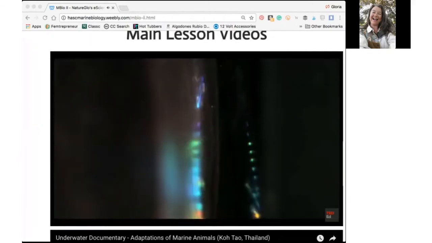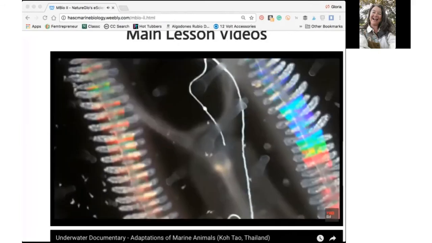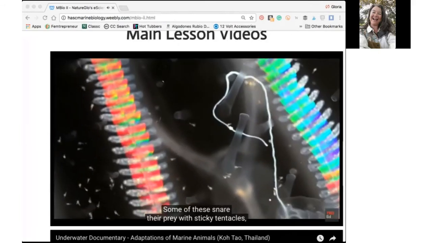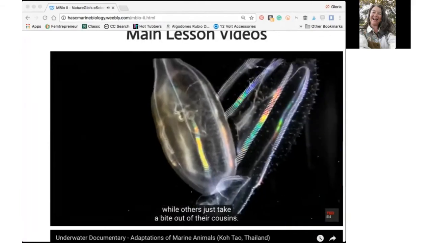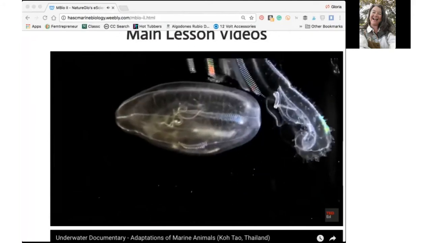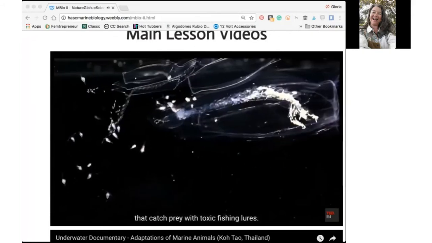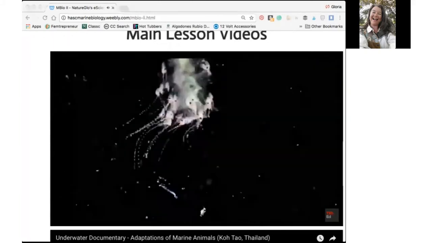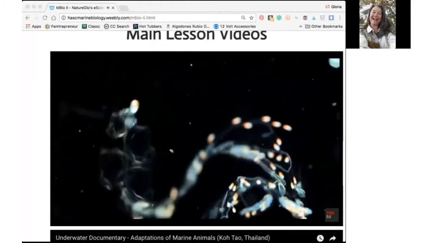And siphonophores that catch prey with toxic fishing lures. But my favorite would have to be the crustacean phronema. Its monstrous looks inspired the movie Aliens. It can catch tiny bits in its bristles, but prefers larger prey like salps.